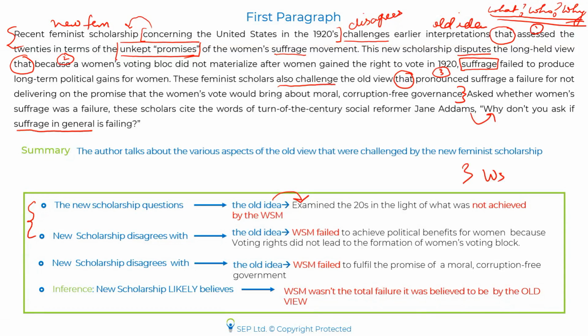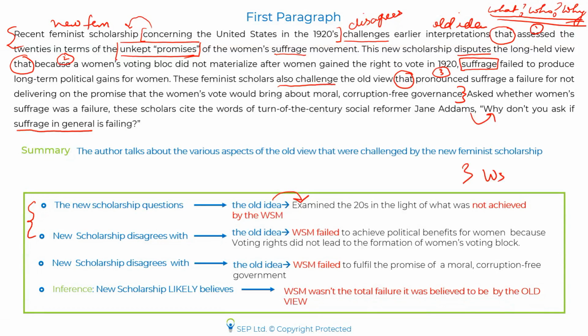Yes, Akansha, you can go ahead and ask your question. In the meantime, guys, I'll bring up a poll and ask you if the explanation, the process, all of this is clear to all of you. So unkept promises, Akansha, here would refer to the moral, corruption-free governance, long-term political gains, all those things probably were promised.